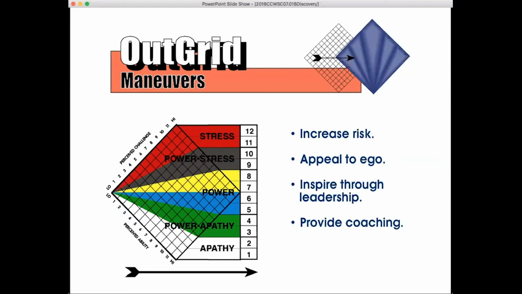I said a little bit. If we spend too much time appealing to someone's ego, we could end up in the outgrid danger zone. By the way, going back to the first one, if we increase that risk and encourage them to take on greater and greater risks, they may suddenly end up in the outgrid danger zone. We often say, as a cautionary tale to people who are in the outgrid danger zone, people out there tend to create unnecessary risk or risk where it does not exist purely to make things more interesting.